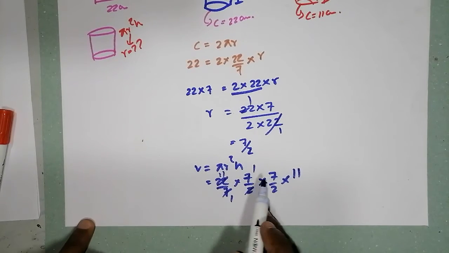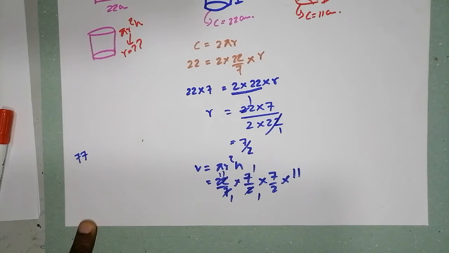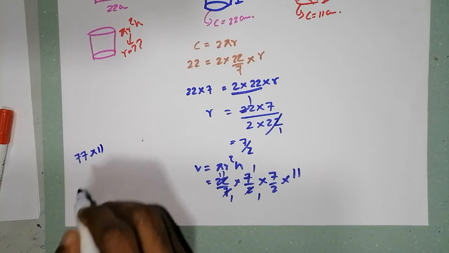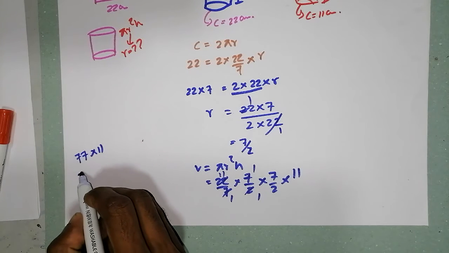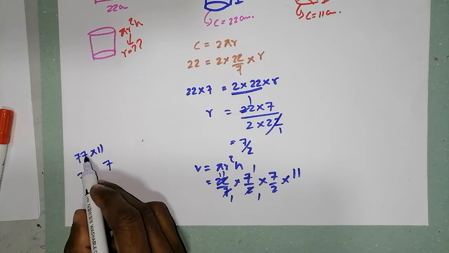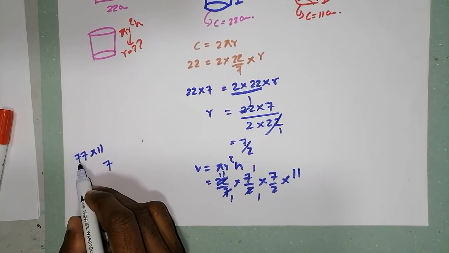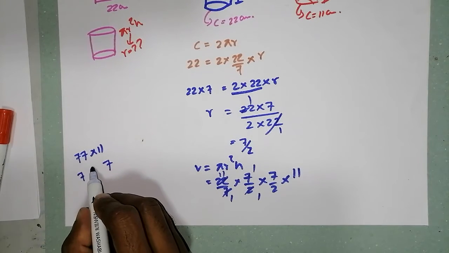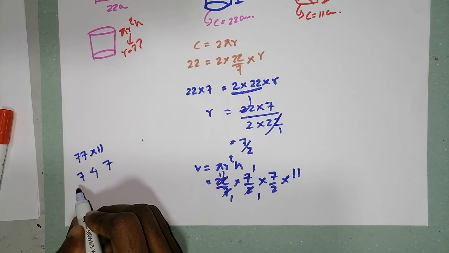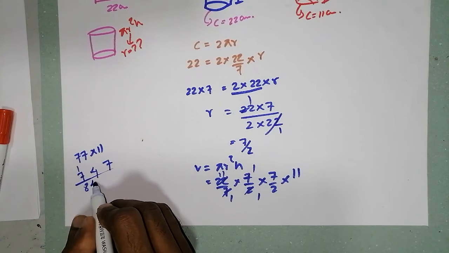So 11 into 7 is 77. To multiply by 11, take the first digit as it is, take the last digit as it is, and add both digits. If we add them, it's 14, but we need to write only one digit. Write the last digit and send the other digit to the previous number. So finally, it's 847.